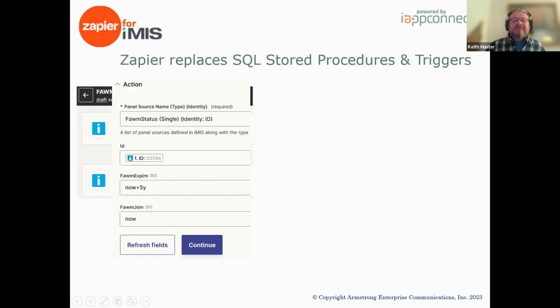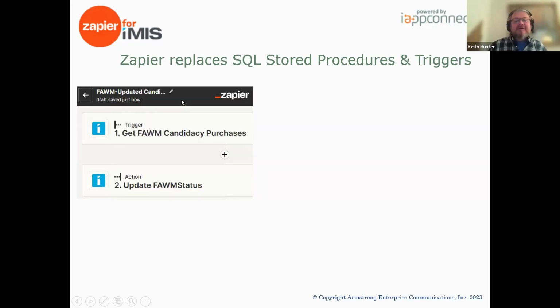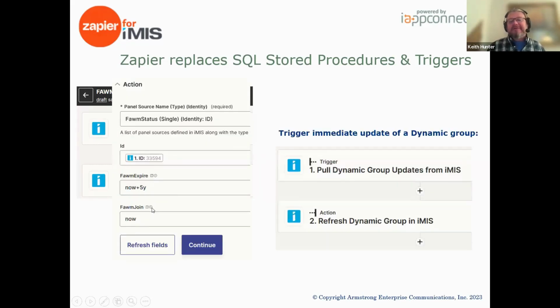And all we're doing is basically putting fields from our query back into iMIS. So what you'll see here is iMIS is both the source and the destination for a workflow. It doesn't have to be different apps. And when you do this, you're actually creating a trigger that updates iMIS based on something that happens in iMIS. So very cool, very easy.